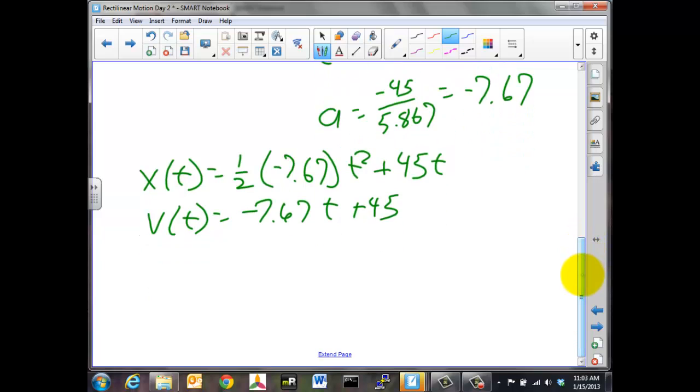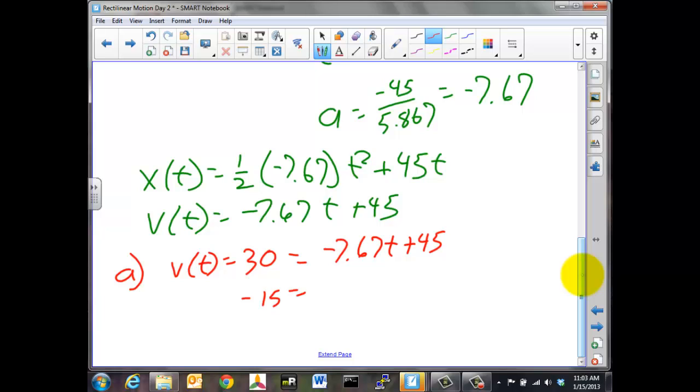And so far we've done none of the problem. Good. Great. But A part says, how far has the car moved when the velocity has been reduced to 30? So the velocity equals 30. If we do that, we get 30 equals negative 7.67t plus 45.